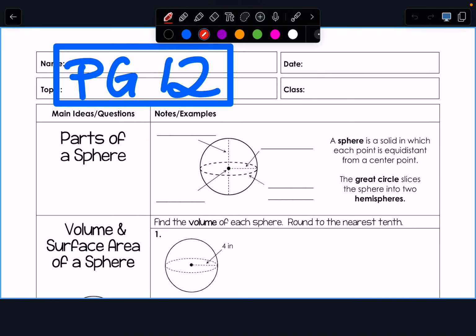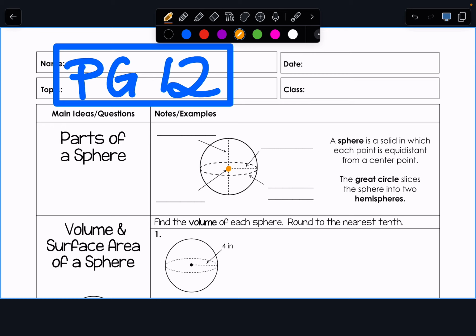Today we're going to focus on spheres. What is this called right here?